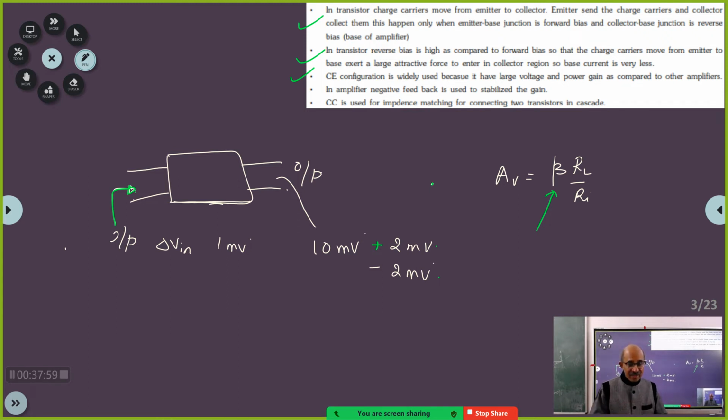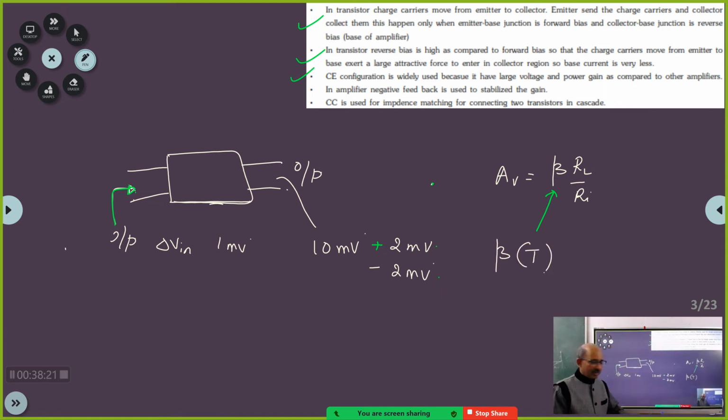Temperature, correct. Semiconductor devices, one of the important things is that it is very sensitive to temperature. In fact, this beta is a function of temperature.